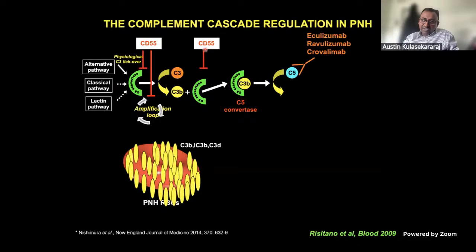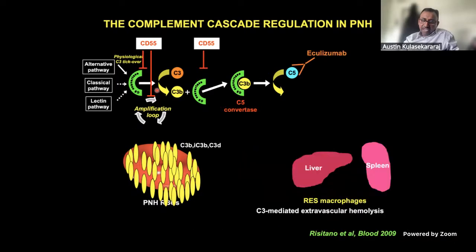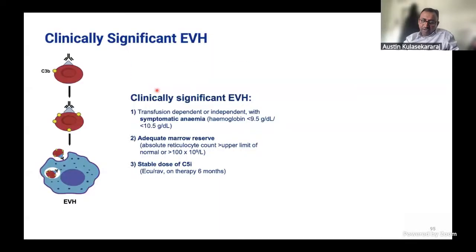And we know that it's CD55 and 59 deficiency, but there is activation of the proximal pathway, which can be picked up by flow, and they have to be taken up by the reticuloendothelial system and be taken up by the liver, spleen, by the macrophages and the receptors in there as well, causing extravascular hemolysis.